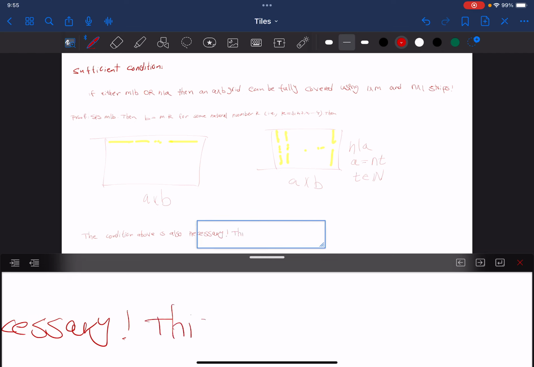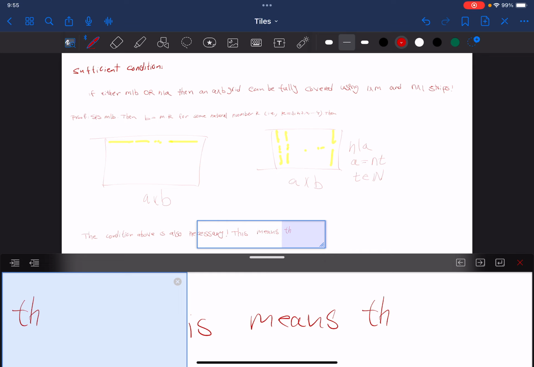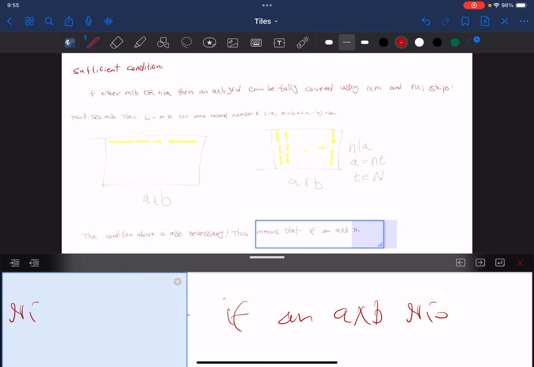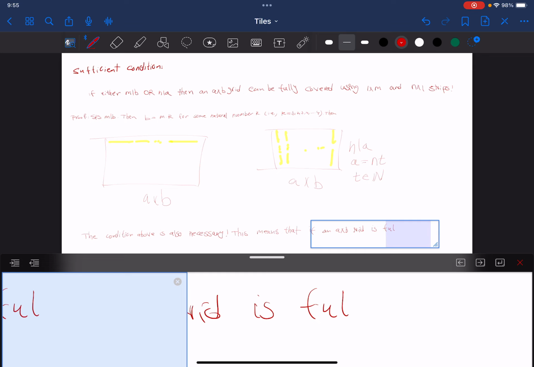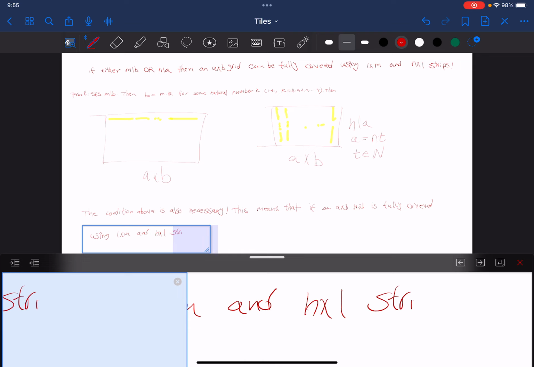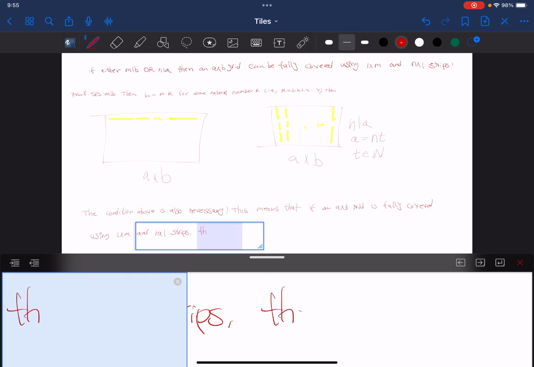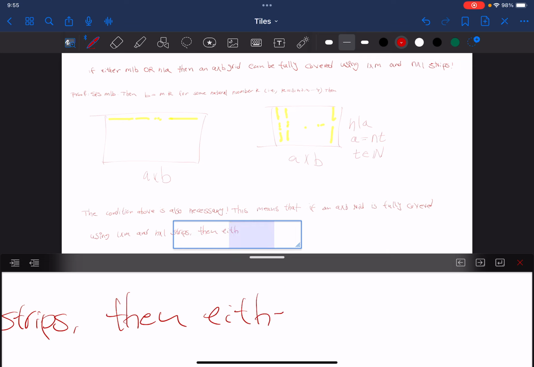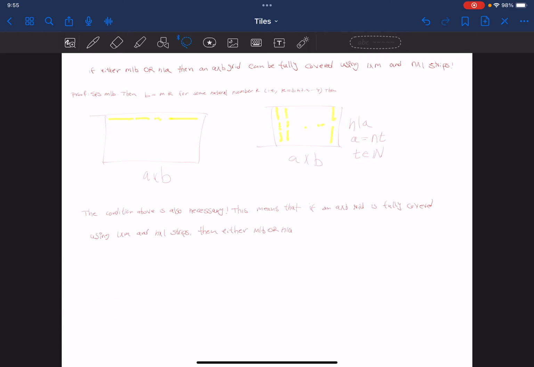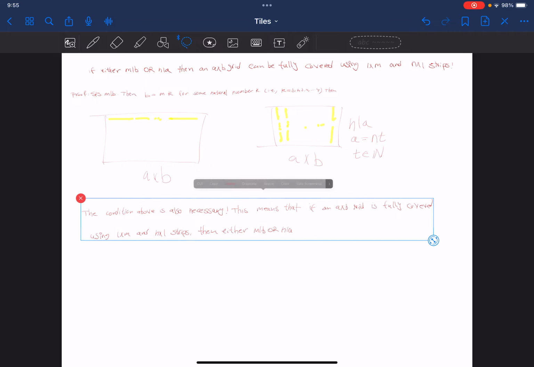This means that if an A by B grid is fully covered using 1 by M and N by 1 strips, then either M divides B or N divides A. So this is basically what we want to show, and this is the hardest part of the question.